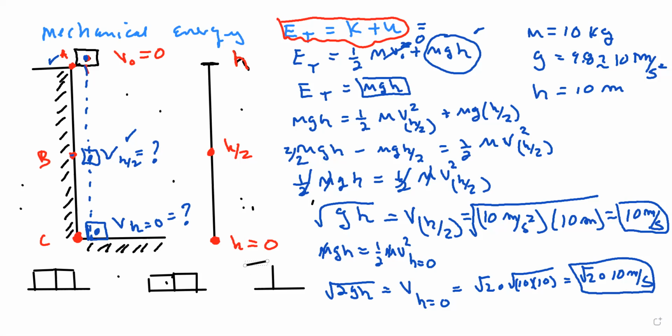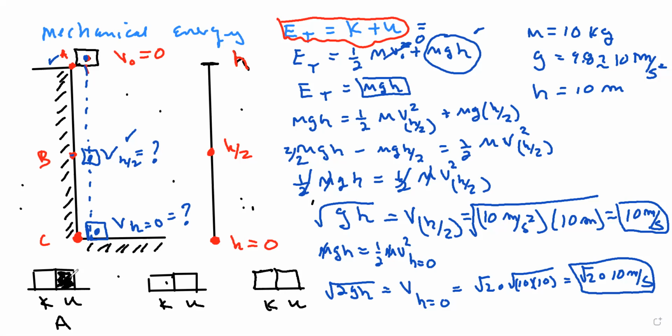I'll just do it a little faster here. So here you got the kinetic energy and the potential energy, kinetic energy and the potential energy, kinetic energy and the potential energy. So in point A, all the energy is potential.